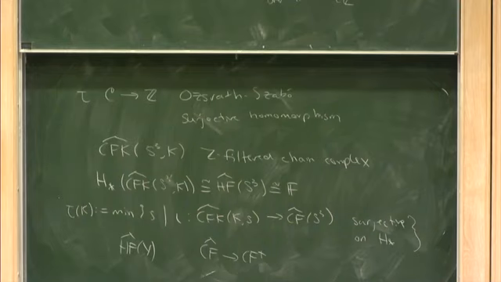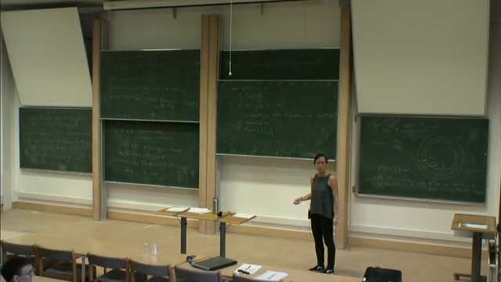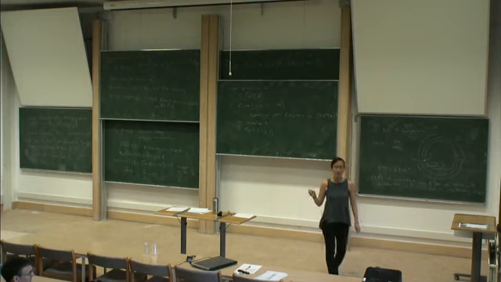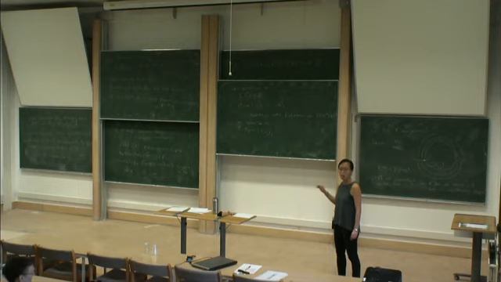Is it the same as the degree of the tower in CFK minus, of the generator of the tower? Is it the same as the degree? No, it's measuring the Alexander grading.